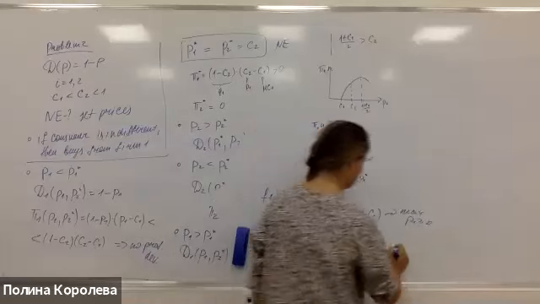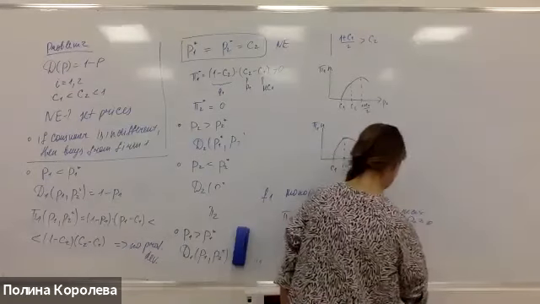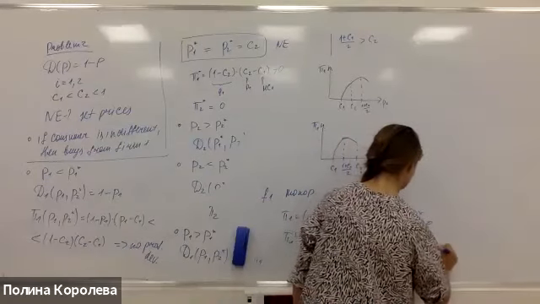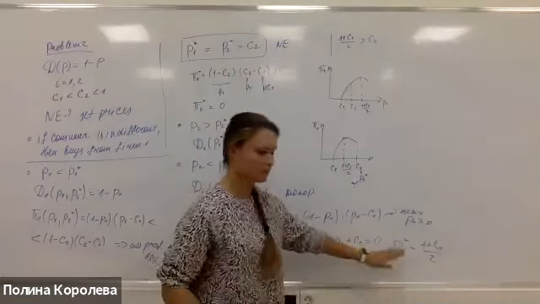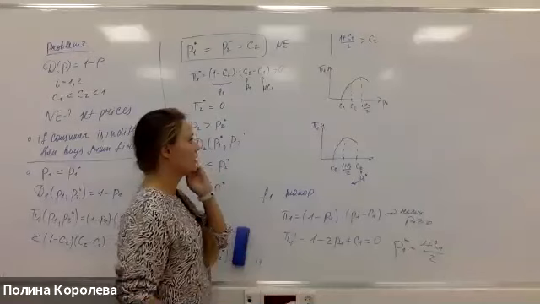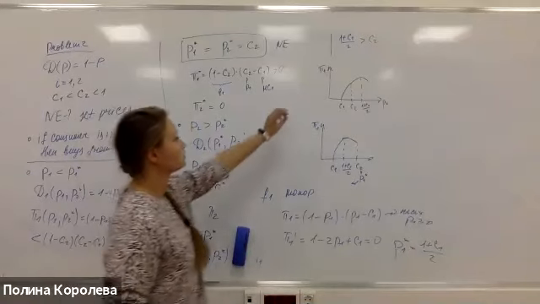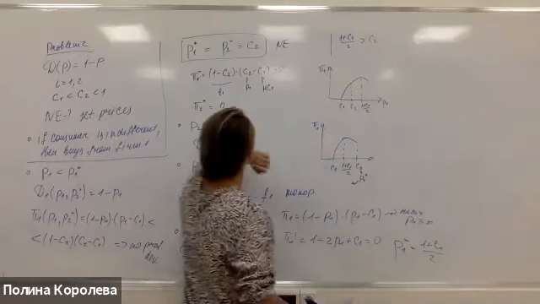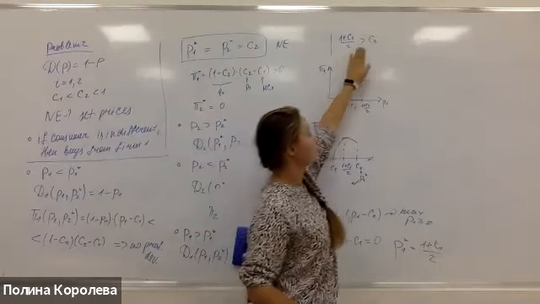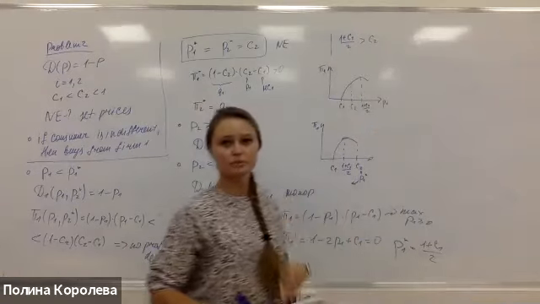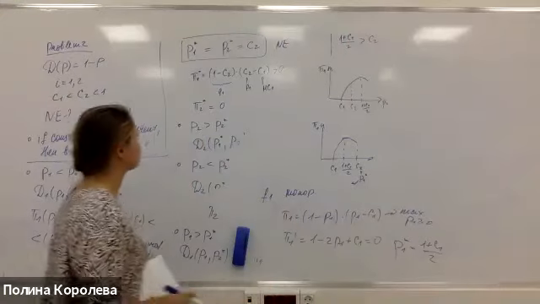And from here, the monopoly price is equal to (1 plus C1) divided by 2. So this price gives us maximal profit, and we do not want to deviate if we have such a condition. That's why it is given in the task.